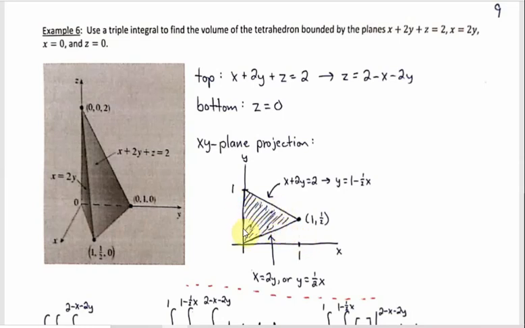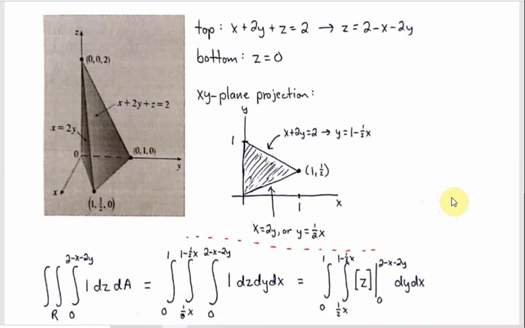What's on the left is always x equals 0, but what's on the right is sometimes this and sometimes that. So you end up having to break that up into two separate integrals. I like to avoid breaking up into separate integrals if I can. So that's why I said, all right, I'm going to go dz, then dy, then dx, because with y, it's always this on top and always this on the bottom.